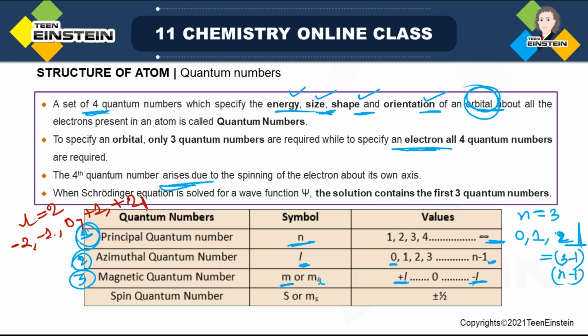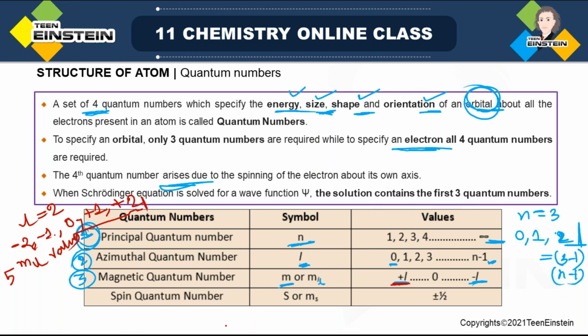You have to stop here. I started from minus l, but it is the same thing; you can say minus l to plus l or plus l to minus l. Both are fine. You have to maintain these two extremes, and in between you can have all the values. So when l is 2, how many m l values do you get? A total of 5.